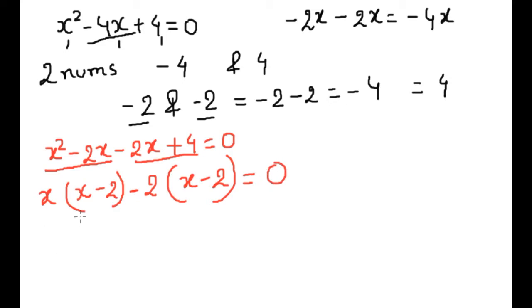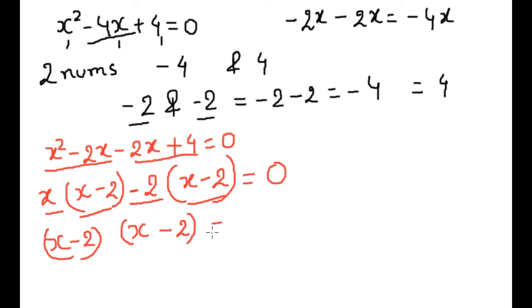So here x minus 2 is common. We can write x minus 2 into x from here and minus 2 from this, is equal to 0. Now we can see this is x minus 2 and this is x minus 2.